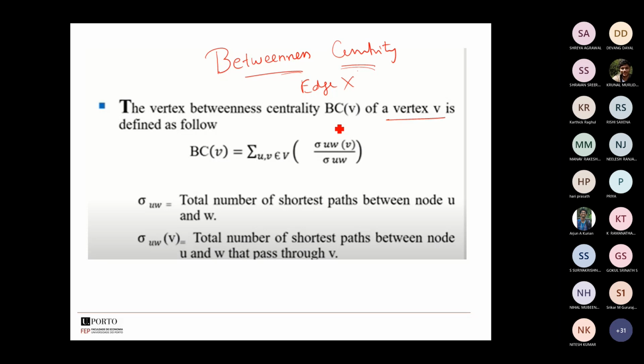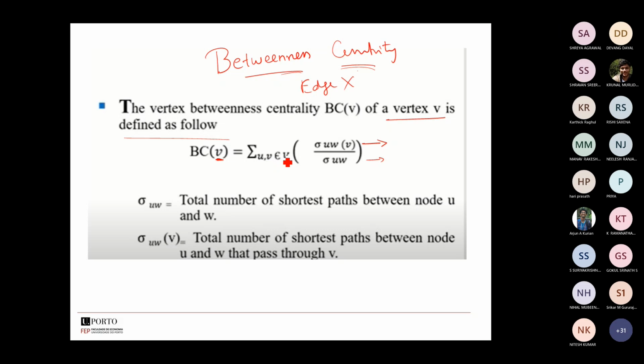In the sense, it is defined as the ratio of the total number of shortest paths between nodes U and W. You consider any two nodes in the network, divided by the total number of shortest paths between nodes U and W that pass through V. So this is how you have to find out the betweenness centrality for a given vertex. Now there is a vertex V for which I'm going to find out the betweenness centrality.